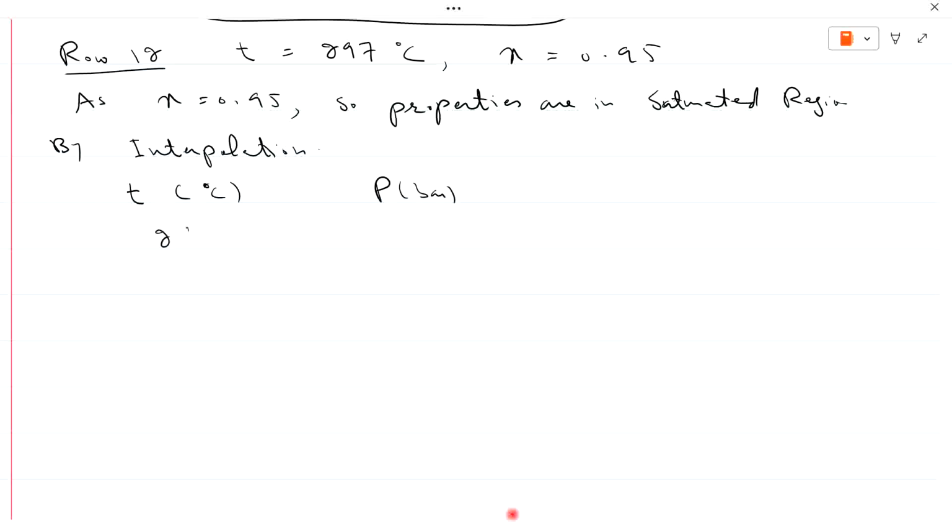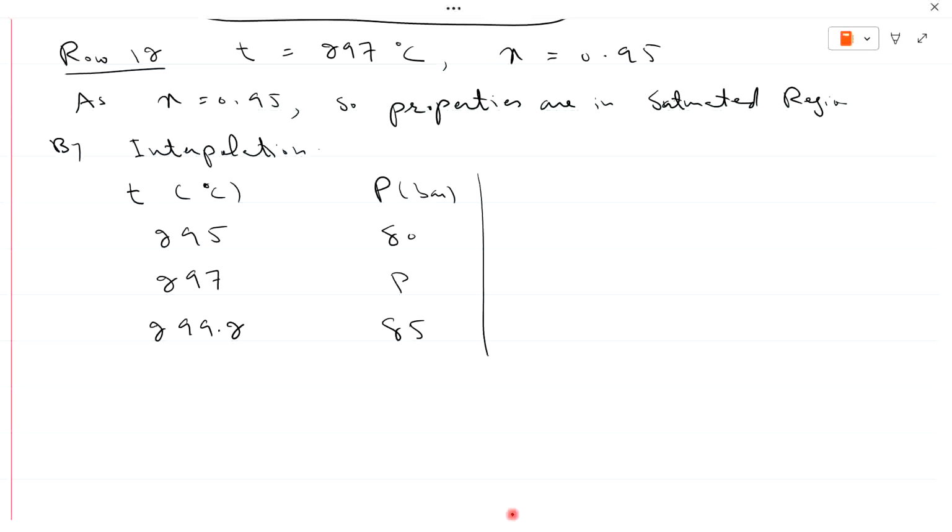Temperature 295 and 299.2 degrees centigrade are available, but we have to find pressure at 297. At 295 the pressure is 80 bar, at 299.2 the pressure is 85 bar, and it is required at 297. So do interpolation, third minus first divided by third minus second.